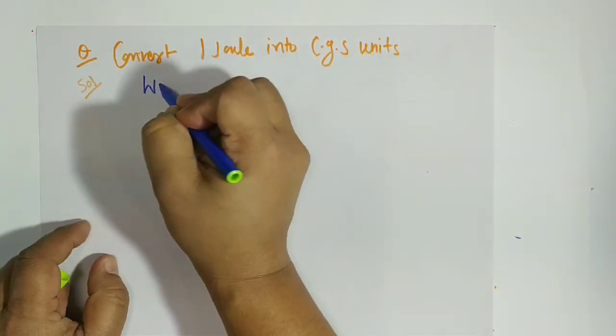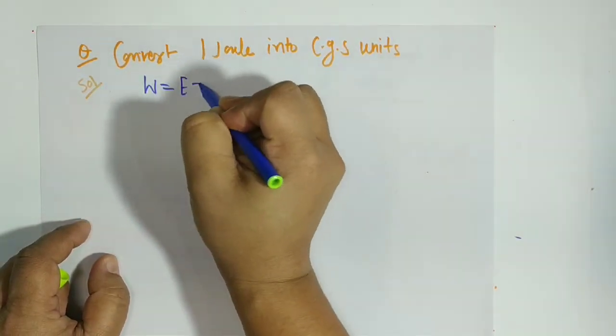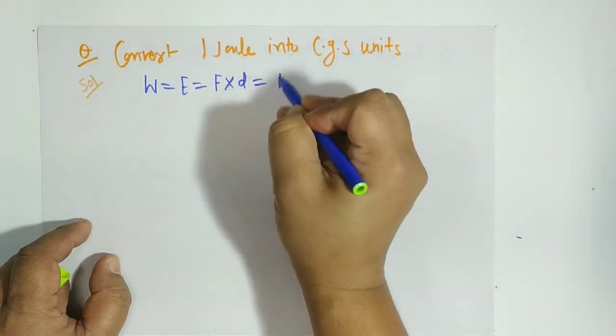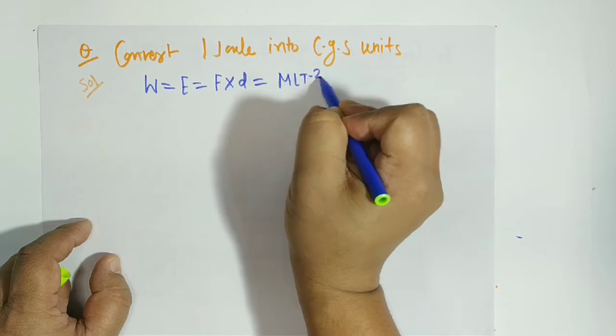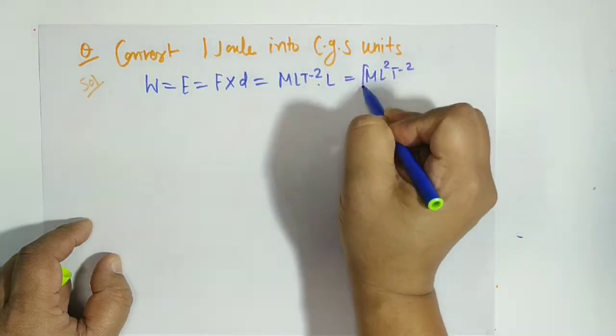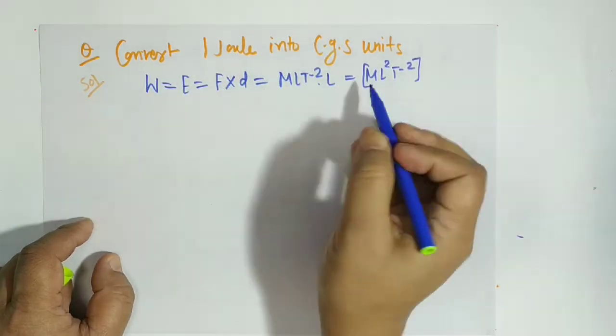So what is work? It is a form of energy. We know that work is force into displacement, so MLT minus 2 into L. So the formula we know is ML square T minus 2.